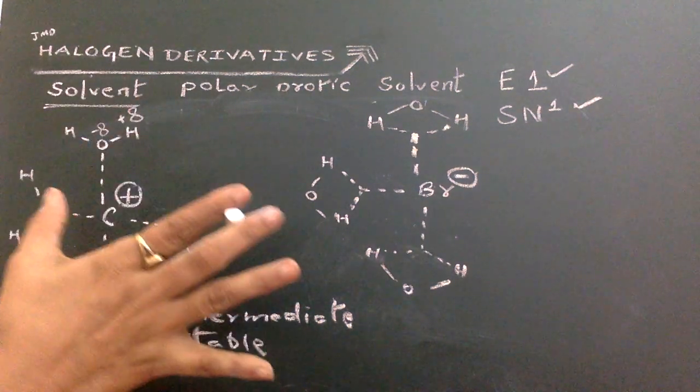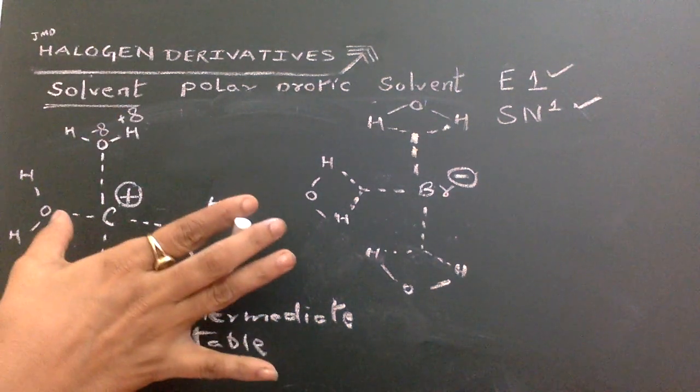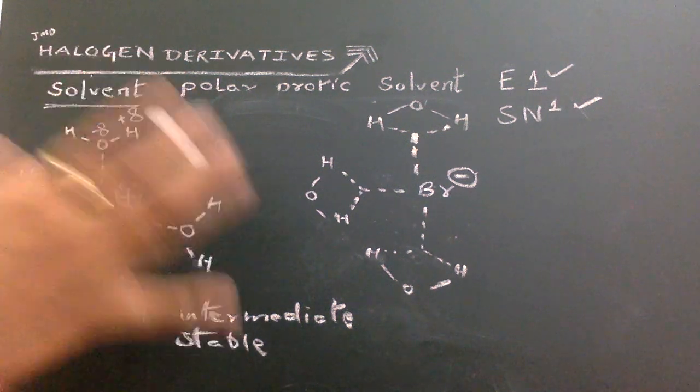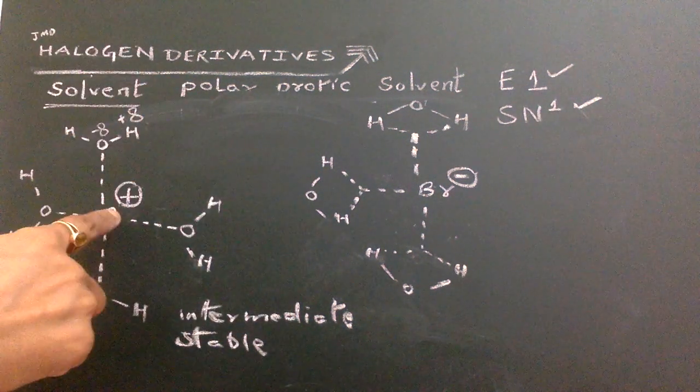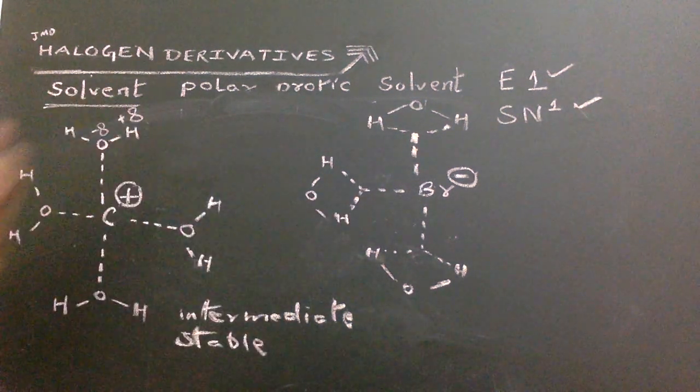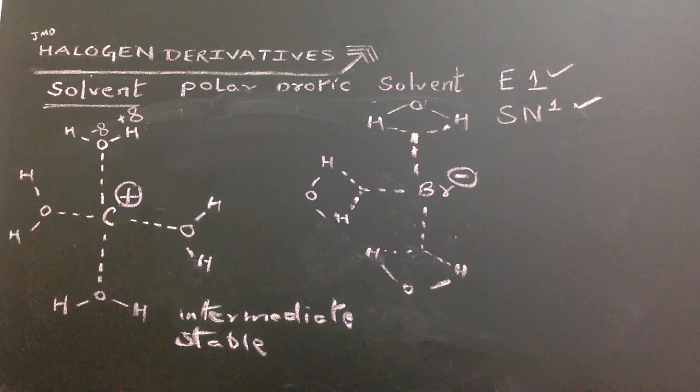And hence we understood that a polar protic solvent will stabilize the charges, it will stabilize the carbocation, it will stabilize the leaving group, and the breaking of C-Br will take place properly in a polar protic solvent. So the polar protic solvent will favor SN1 and E1 reaction.